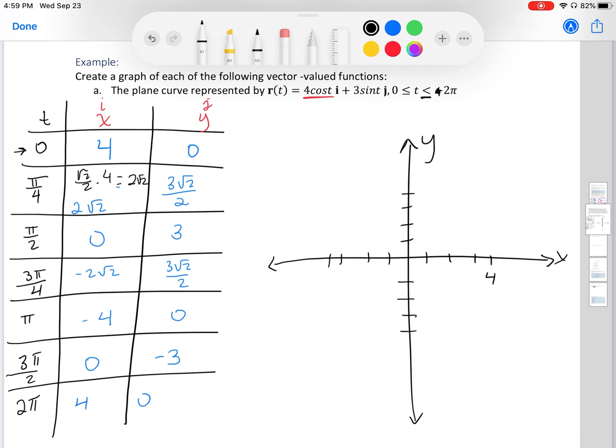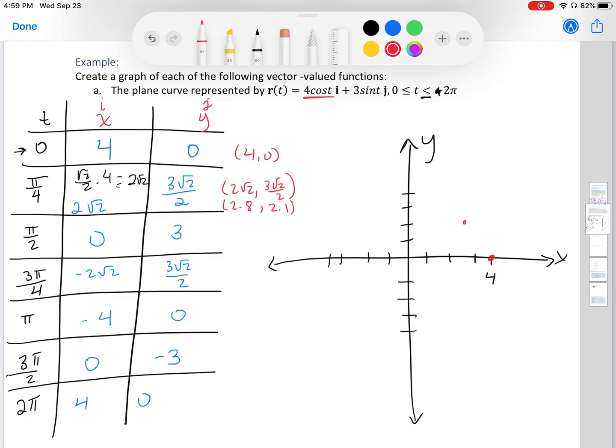Always label your coordinates x and y. All right, so let's go ahead and plot our points. Think of these as coordinate points. So we have 4, 0, which is here. I have 2 square root of 2 and 3 square root of 2 over 2. If you punch them in your calculator, that gives you 2.8 and 2.1.